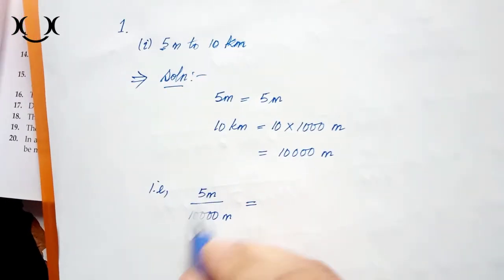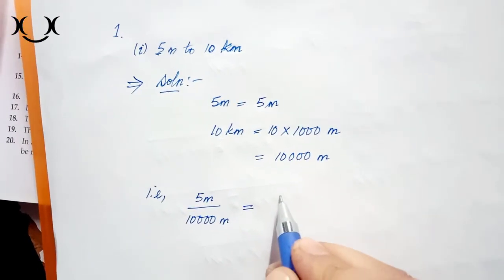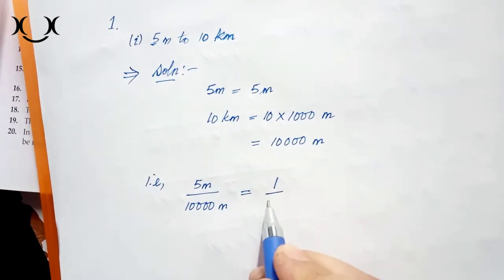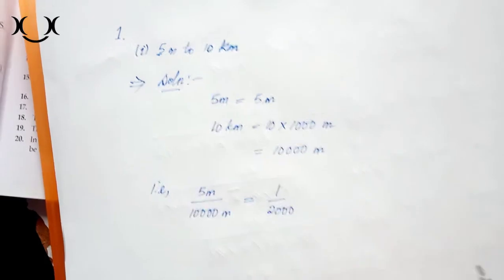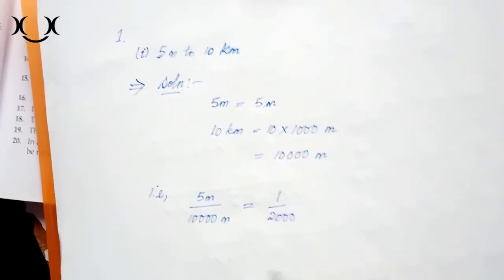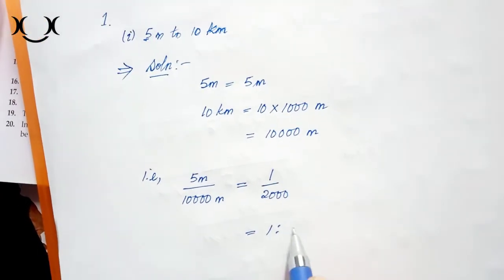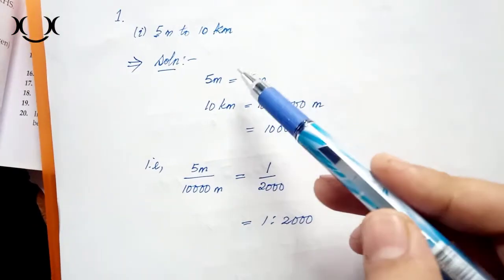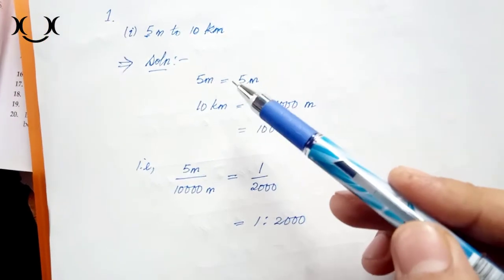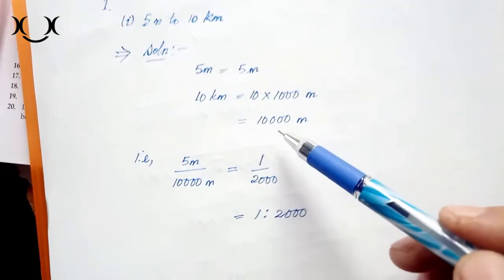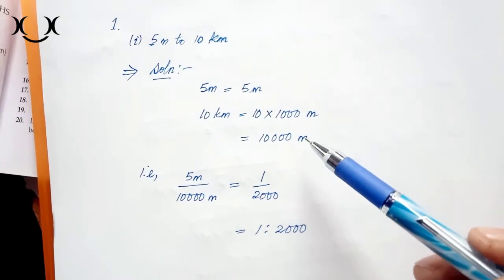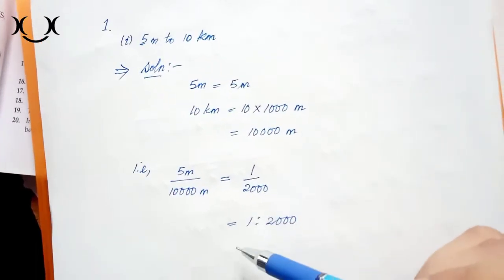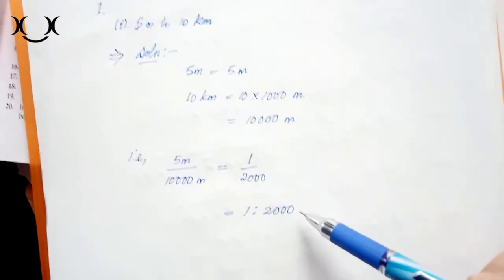That gives 2,000. So my ratio is 1 is to 2,000. 5 meter to 10 kilometer is 5 meter to 10,000 meter, and after calculating them, I have received the answer as 1 is to 2,000.